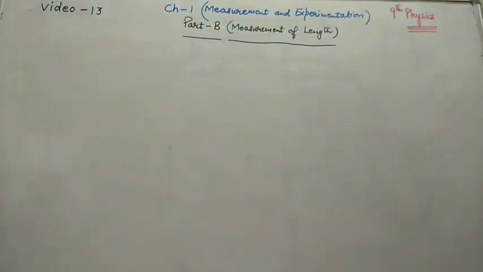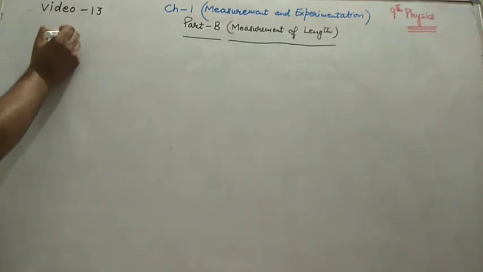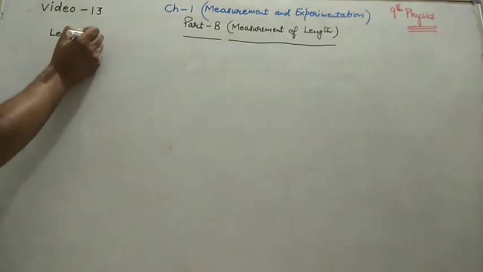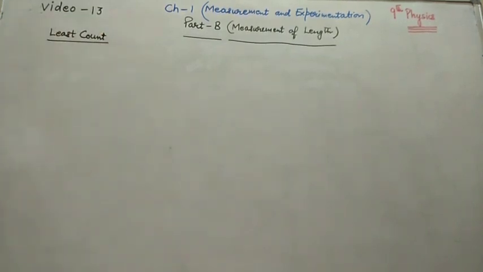So in this, first of all, you must be aware about least count. As the word says, the least count of an instrument is the smallest measurement that can be taken accurately with it.